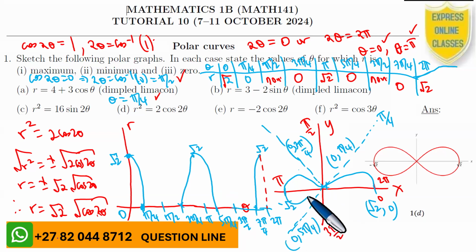So it's going to be 0 like this. There's nothing here up to 7 pi over 4. At 7 pi over 4, it is 0.